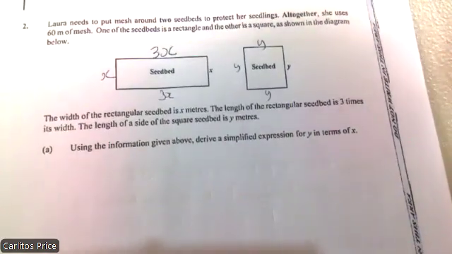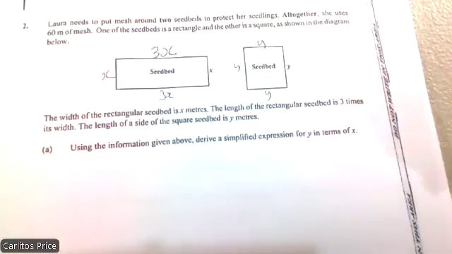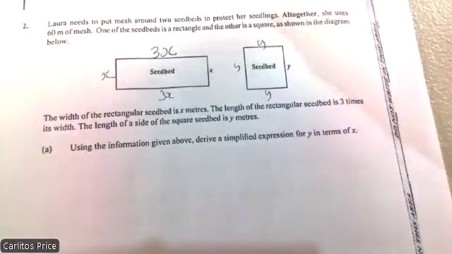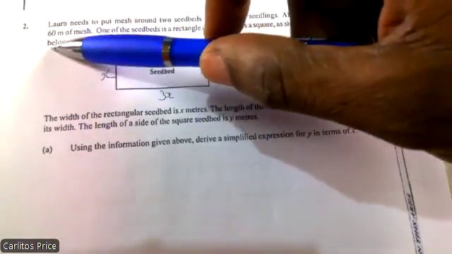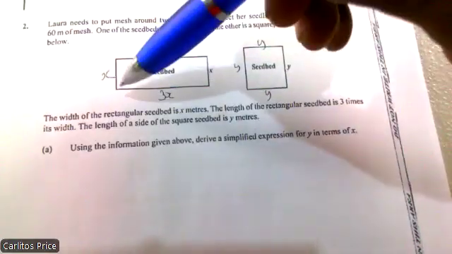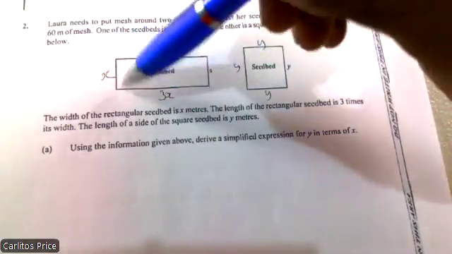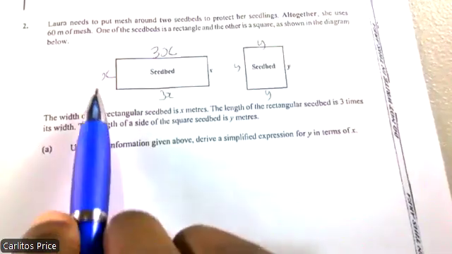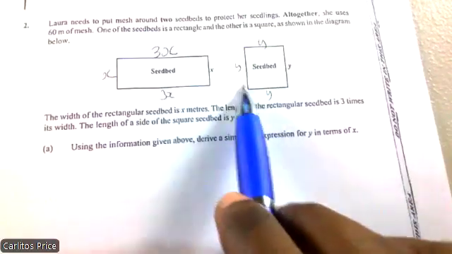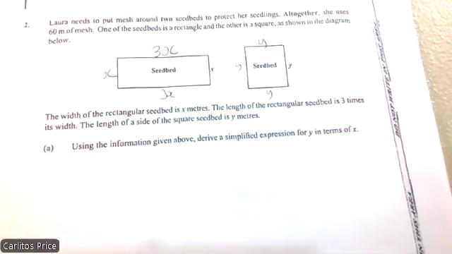All right, so what do we know so far? We know that the wire mesh must add up to 60 meters, and the wire mesh is used to make these outlines, these perimeters. So if I add all of these sides, I should get 60 meters.